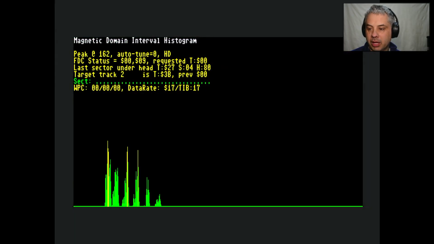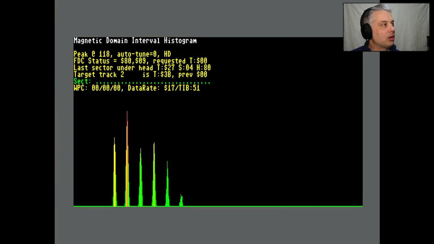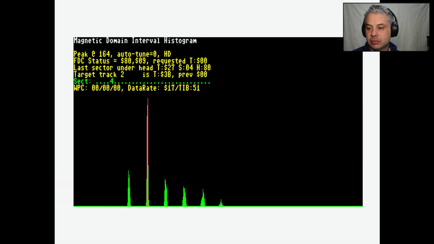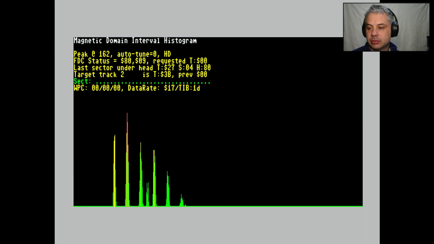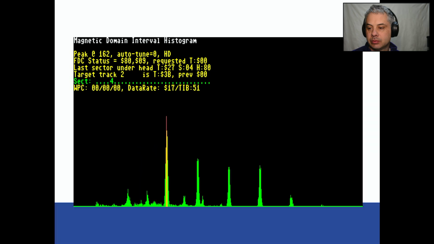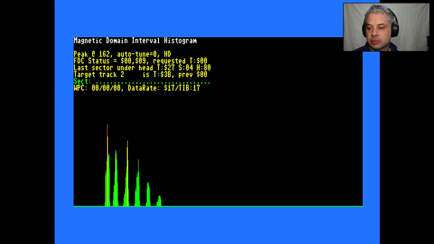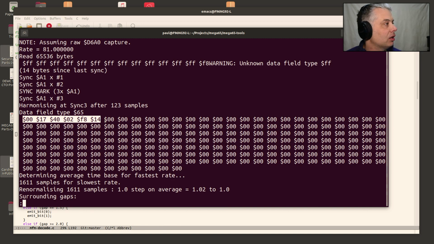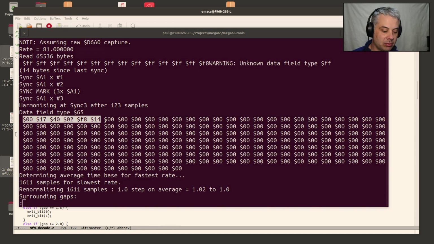When we're looking at those peaks, if we were writing all zeros, we wouldn't have that kind of distribution. So that's real data. So anyway, the first thing is we need to make it so that we decode the track information block sooner, so that we can go through.